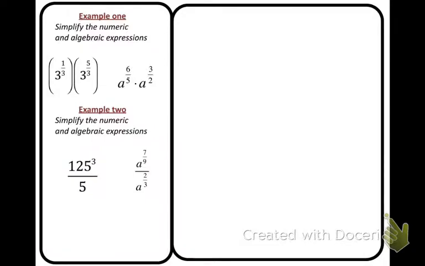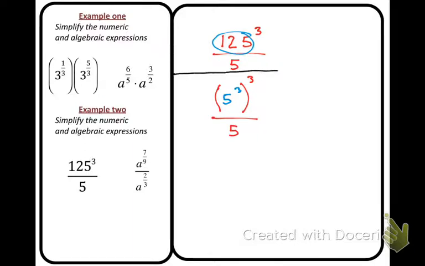So 125 to the 3rd power divided by 5. By our rules of roots and powers, we can rewrite 125 as 5 to the 3rd power, raised to the 3rd power, still divided by 5 on the bottom.